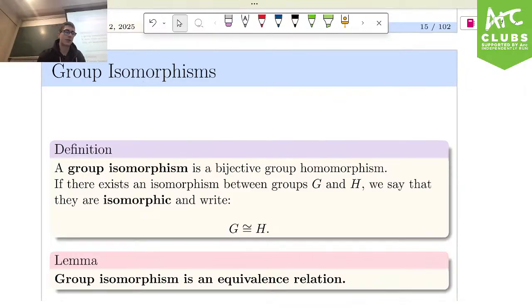Okay, and it turns out that group isomorphism is an equivalence relation. You have reflexivity, meaning G is isomorphic to itself.